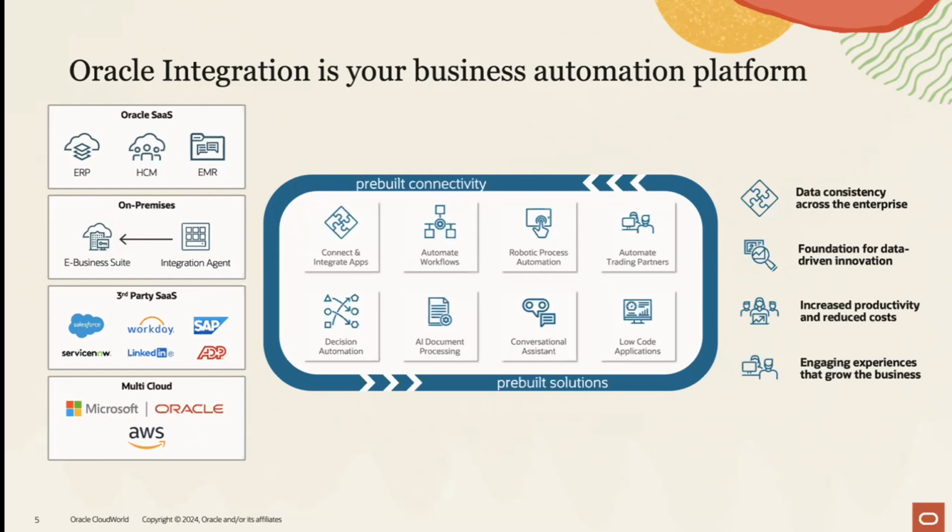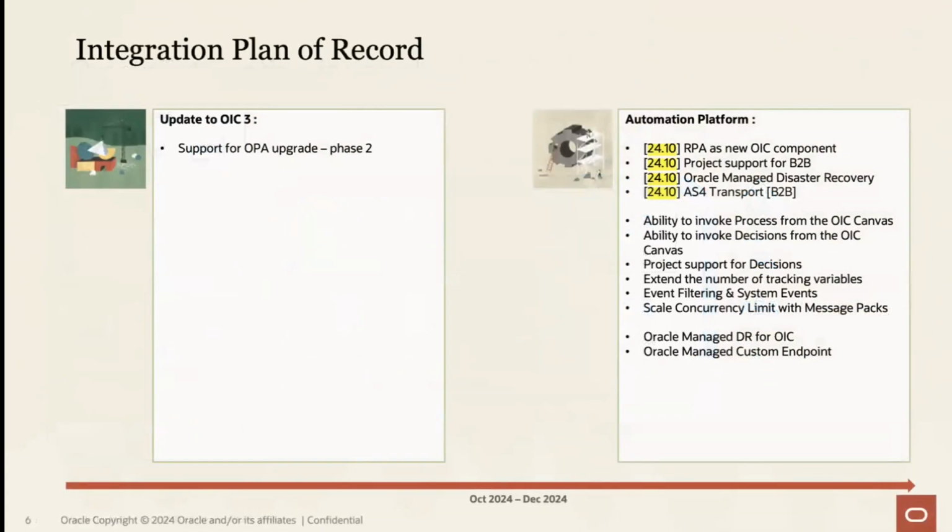So you build data-driven, innovative applications that increase productivity, reduce cost, and create engaging experiences. So this is what our focus with OIC is as we move into 2025. You will see it continue to evolve as a business automation platform going forward.